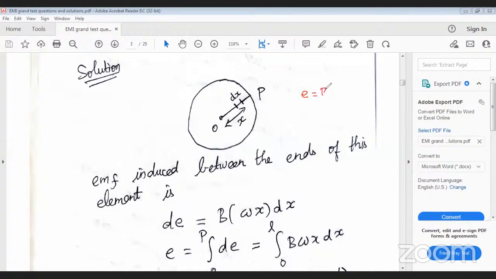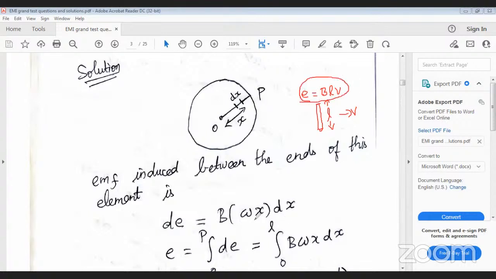E equal to BLV. That means if you have a rod of length L moving with velocity v in a uniform magnetic field, then the induced EMF is E equal to BLV.